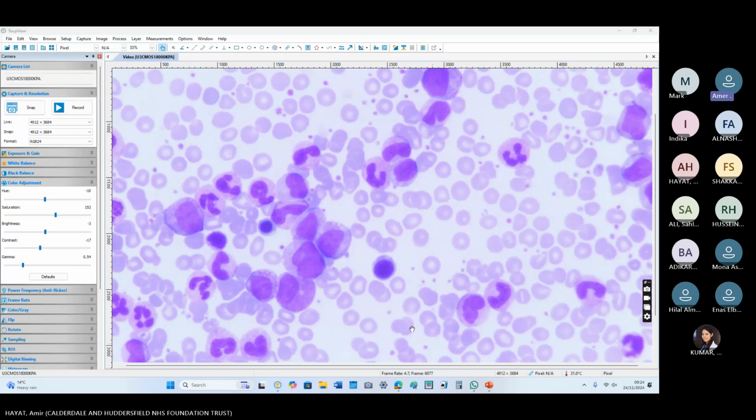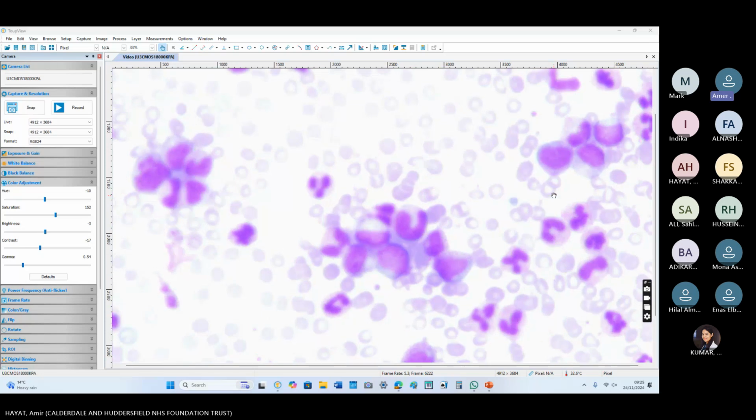Maybe this one is a lymphocyte, but this one is an NRBC. This one looks like a lymphocyte, and its size is almost the same as the red cell. This is normocytic, so normocytic normochromic anemia.